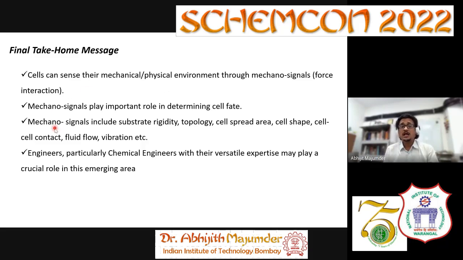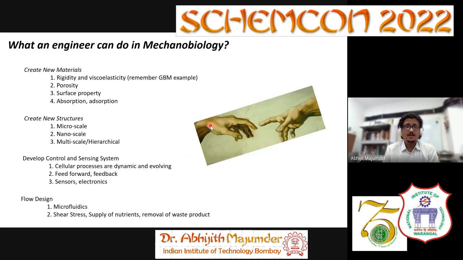So these signals include various different parameters, as I already mentioned, and they are all important for our well-being. As engineers, and particularly chemical engineers, we can contribute in various ways in this emerging area. We can create new materials by varying their rigidity, porosity, absorption, and adsorption properties.